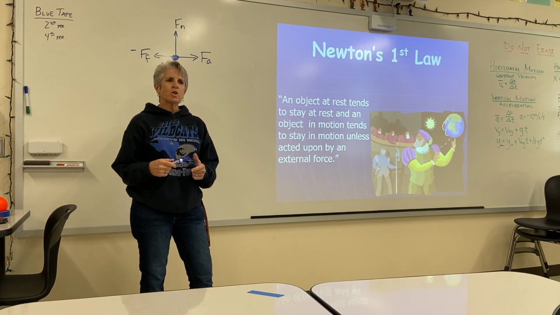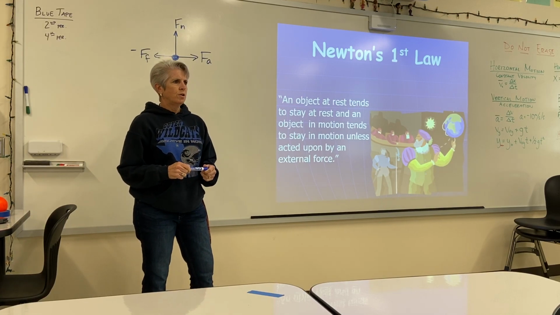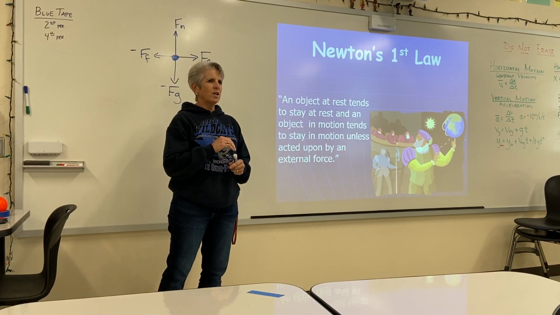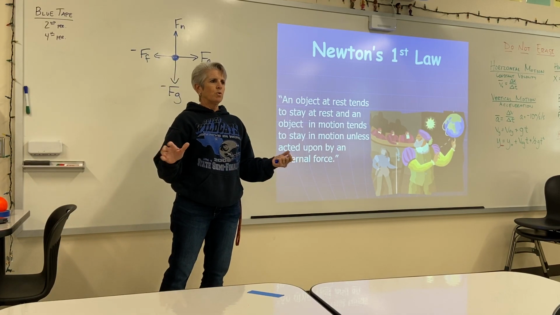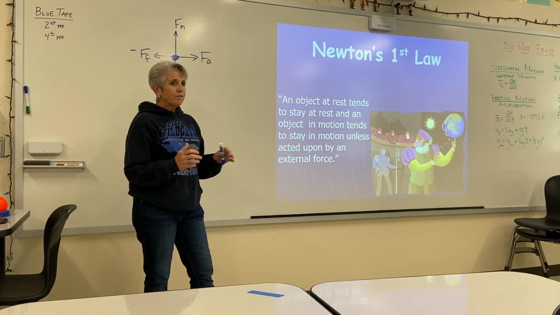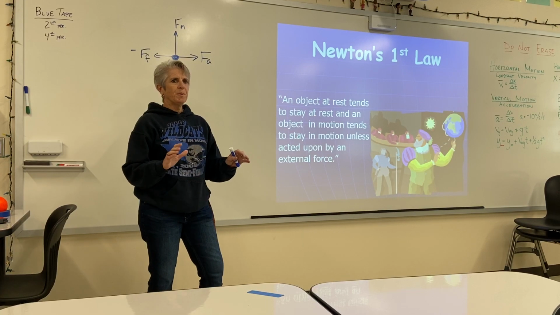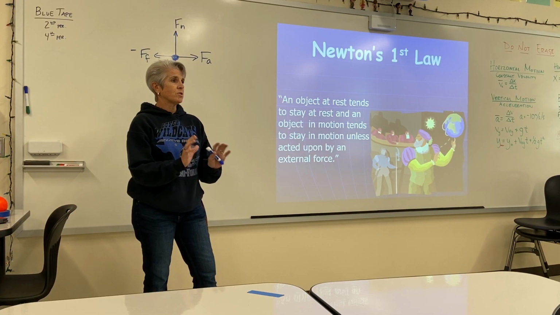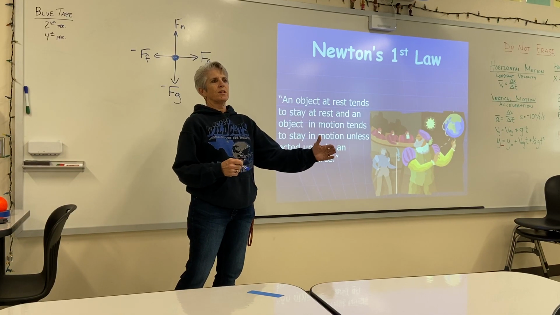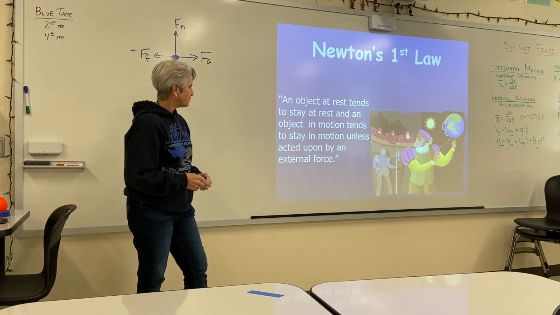This is sometimes called the law of inertia. Inertia is the tendency of an object to not want to change what it's doing. It wants to resist changes in its motion. Whatever it was doing before, it wants to just keep on doing that. So if it was at rest, it wants to stay at rest. If it was moving, it wants to keep moving at constant velocity, no acceleration.